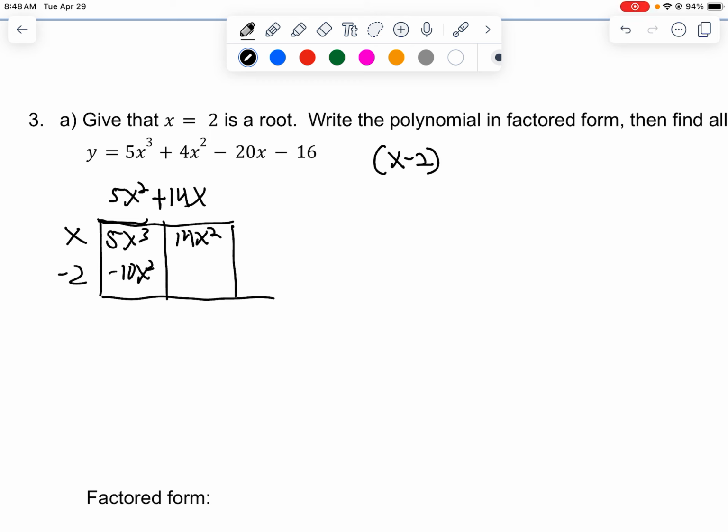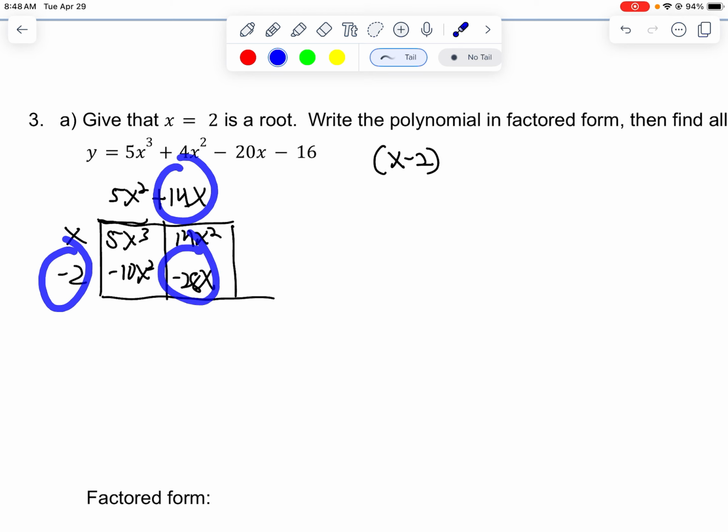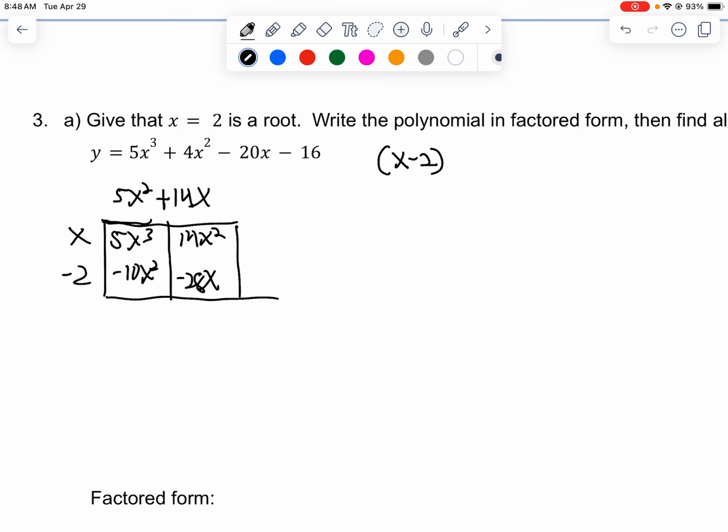The negative 2 times 14x is negative 28x. This term is just negative 2 times 14x, and that goes there. I'm going to have to increase the size of my box. So now we have to ask ourselves, what do we have to add to negative 28x to give us a negative 20x?